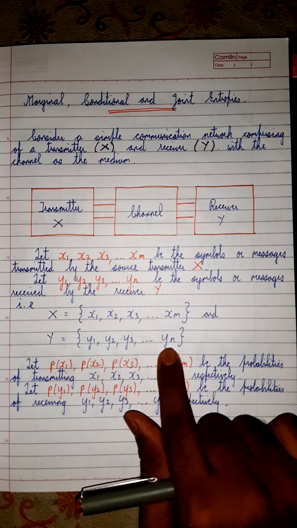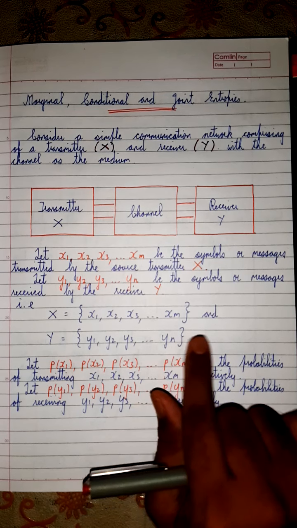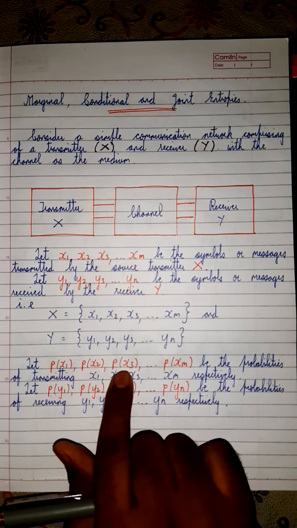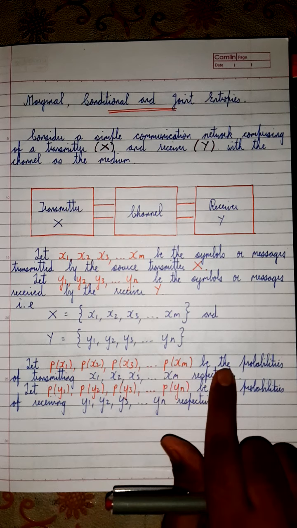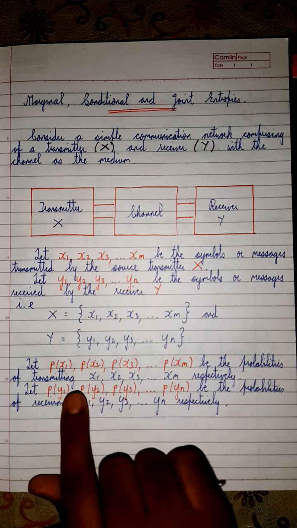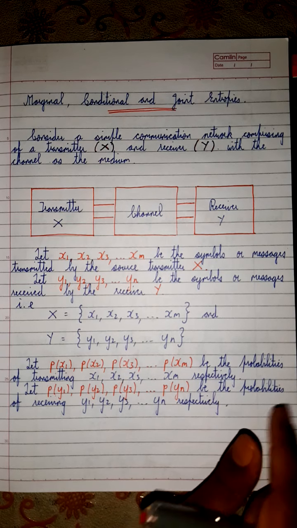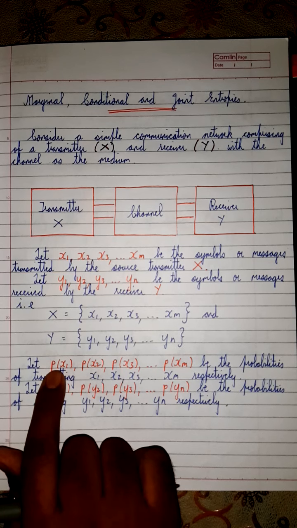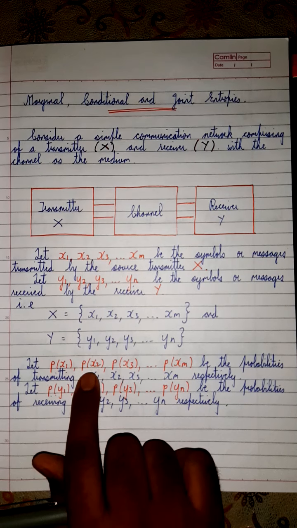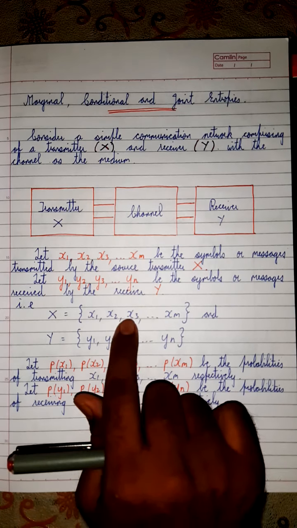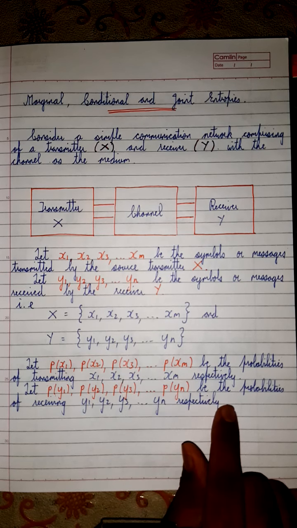Now I'm going to assume that P of x1, P of x2, P of x3 up to P of xm are the probabilities of transmitting x1, x2, x3 up to xm respectively. That means P of x1 is the probability of transmitting x1, P of x2 is the probability of transmitting x2, P of x3 is the probability of transmitting x3, and so forth.